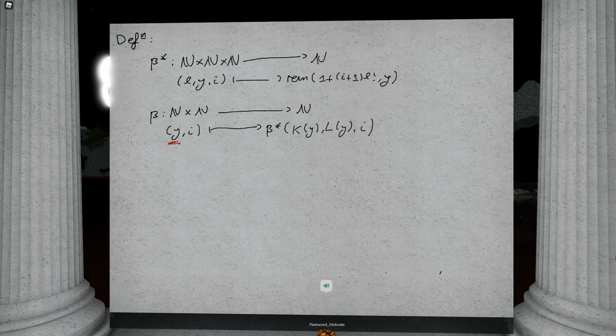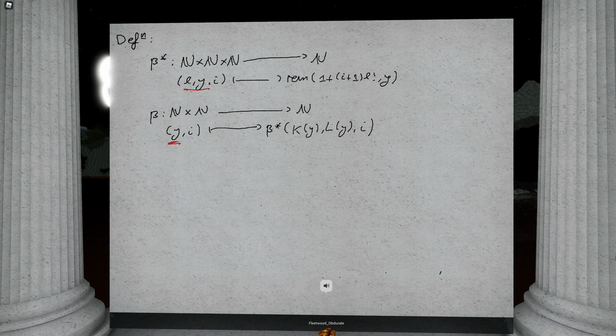Okay, so we think about y as the natural number that encodes the pair of natural numbers l, y in the previous function beta, and then those two inputs are one, the natural number corresponding to the sequence in question, and the other one is j factorial.